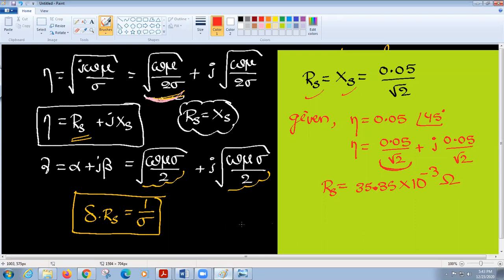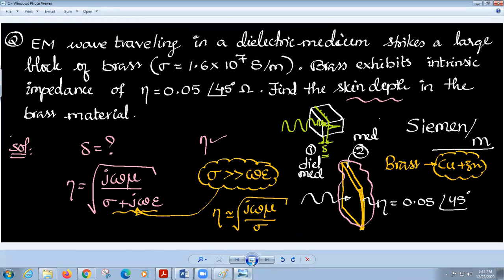Now just come here. Delta equals 1 by sigma RS. So what is given to you? Sigma is given to you as 1.6 times 10 to the power of 7.